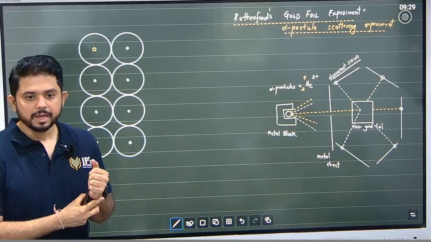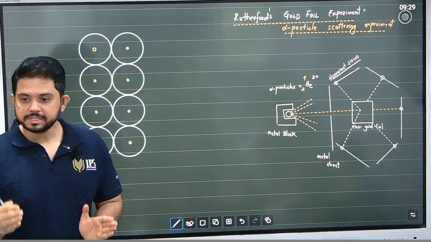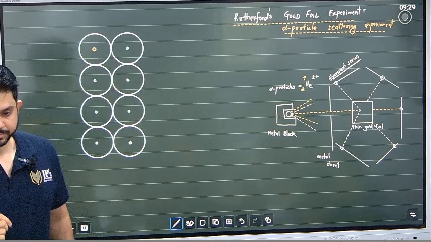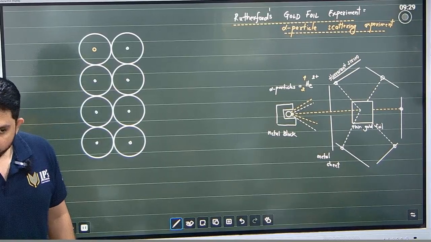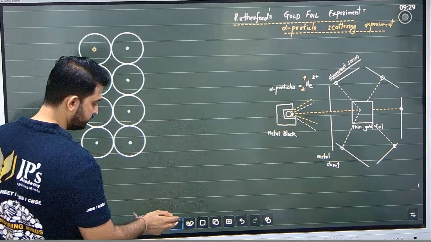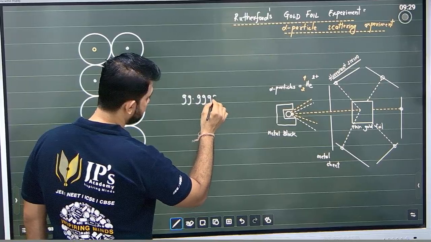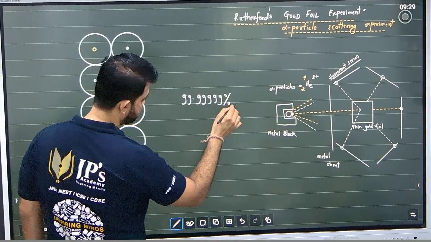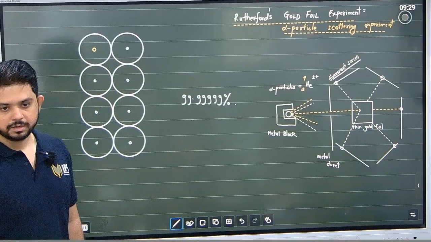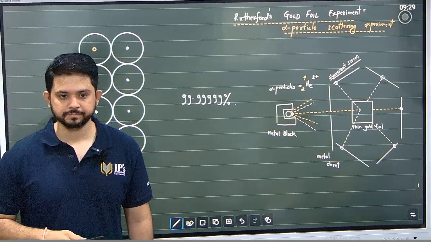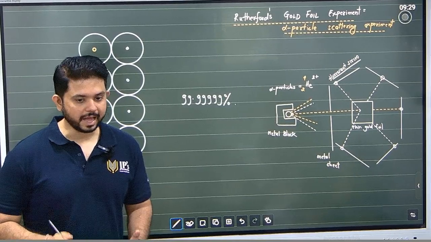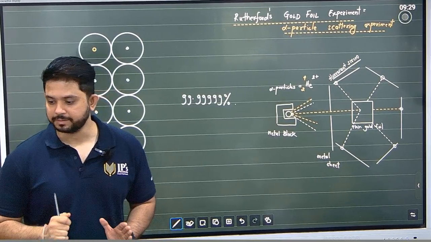Conclusion: majority of the atom is empty or void. Now when I say majority of the atom is empty, it's that amount of the atom is empty.